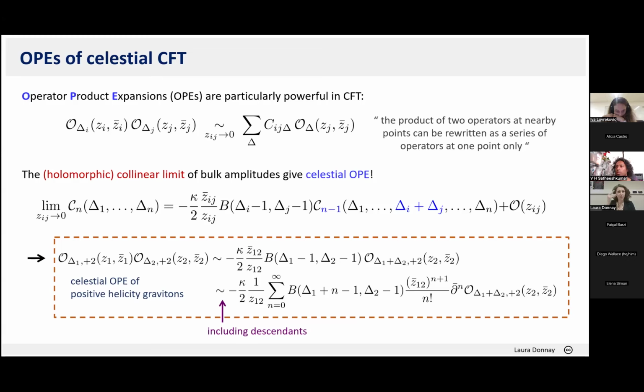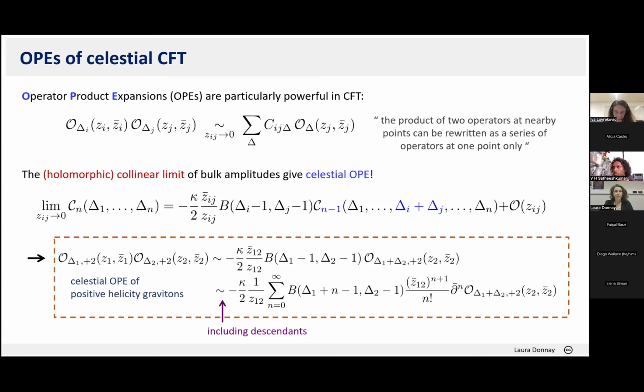You say that it should be consistent with the existence of asymptotic symmetries of flat space, and then you can also derive this OPE coefficient from a pure symmetry-based point of view. But I'm not going to derive this now because I haven't talked about asymptotic symmetries yet, so it would be a little bit confusing at this stage.